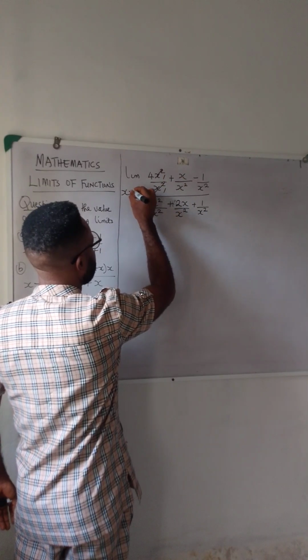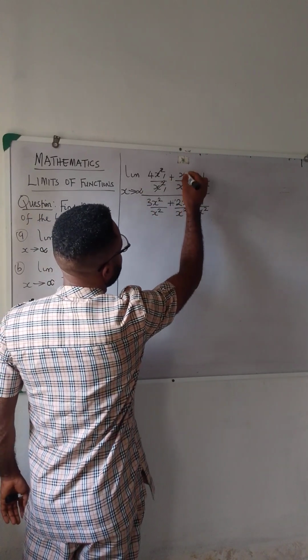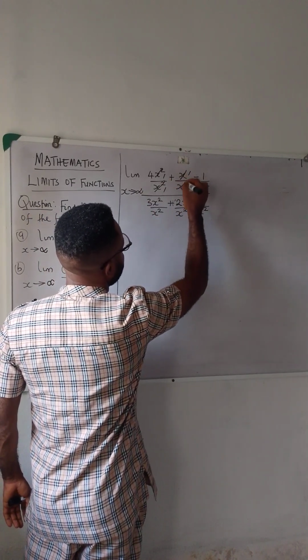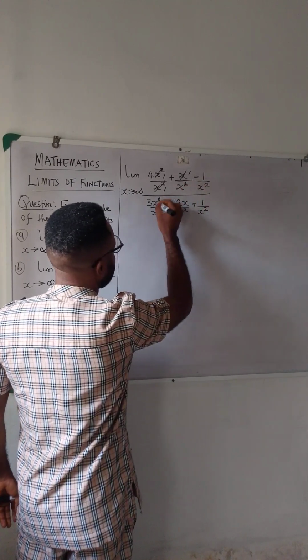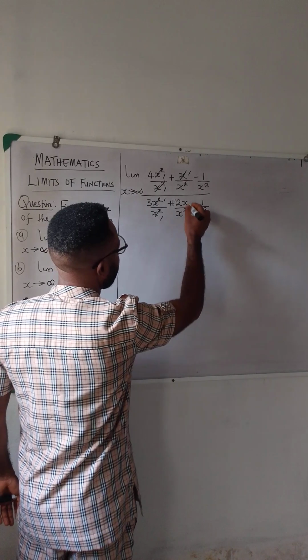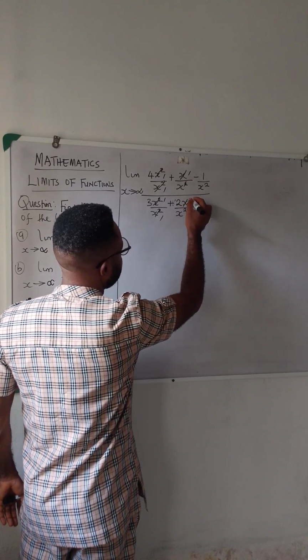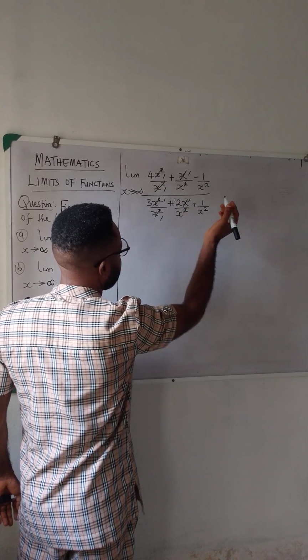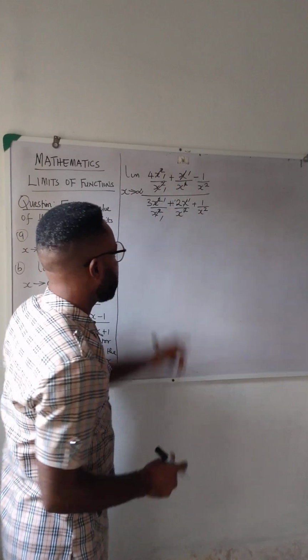Note this is as x tends to infinity. If you cancel x here, it will be 1, and this will be 1, this will be 1, and this will go out. Now let me explain this so that you understand.